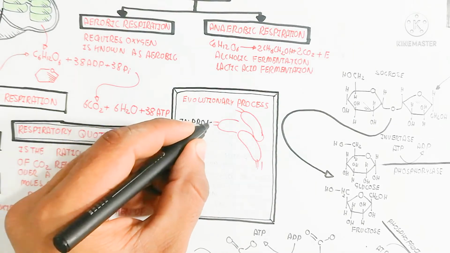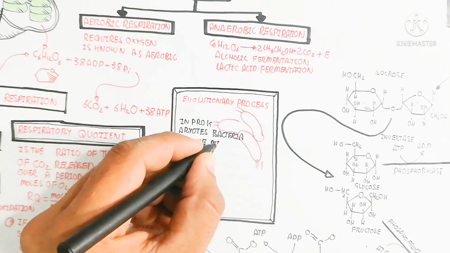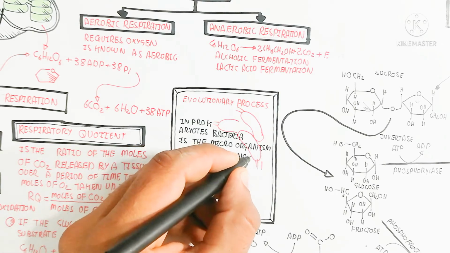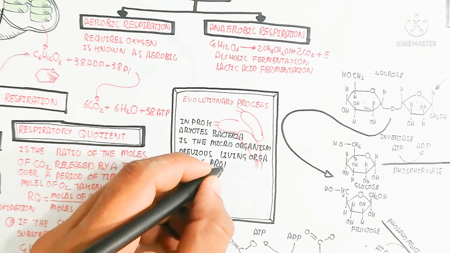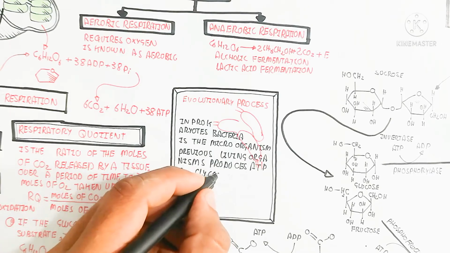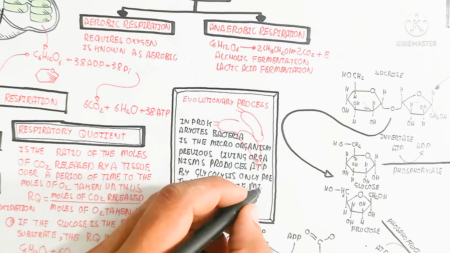So the bacteria contain just cytoplasm but not mitochondria. So if mitochondria are not present, it means the oxygen is not used in this manner, and in this way in prokaryotes, the bacteria, the microorganism, a previous living organism, produce ATP by glycolysis only.